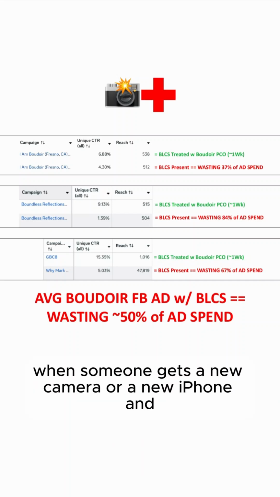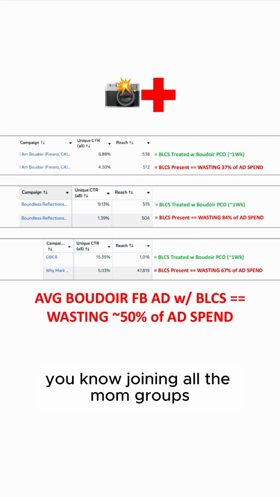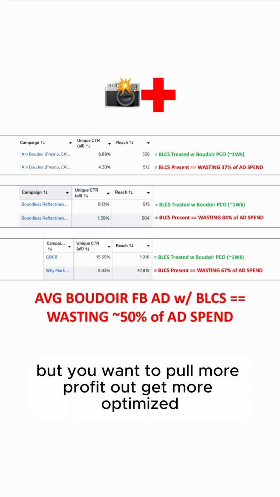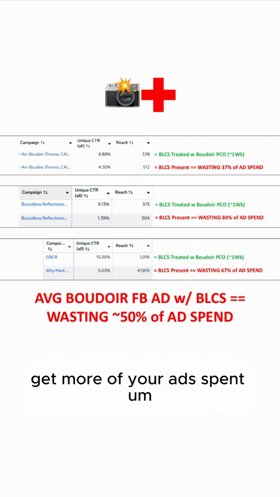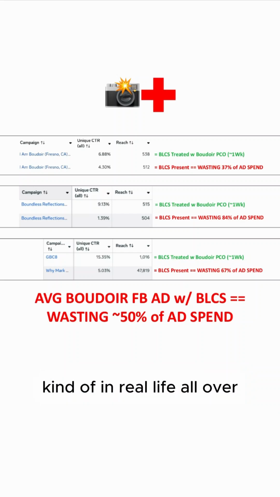It seems like when someone gets a new camera or a new iPhone, they're actually joining all the mom groups, offering the $50 shoots. But you want to pull more profit out, get more optimized, get more out of your ad spend. Because price is going up for everything, kind of in real life all over.